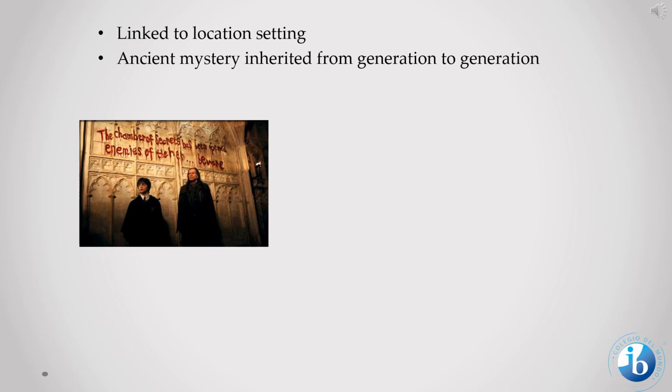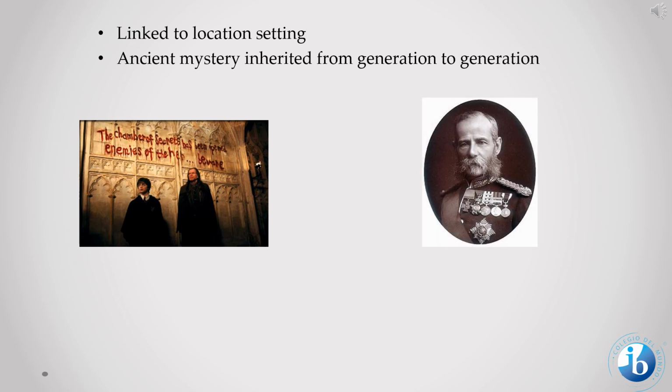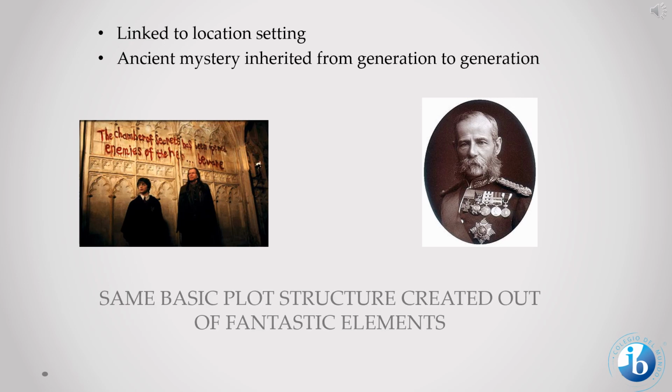And in Lindora's story, it's a secret that goes from father to son all the way to himself. So basically, it is the same plot structure in both novels, and they're created out of fantastic elements. So again, it's related to the chamber and the magic that it contains. But it's introduced differently due to the different novel formats and the two characters.